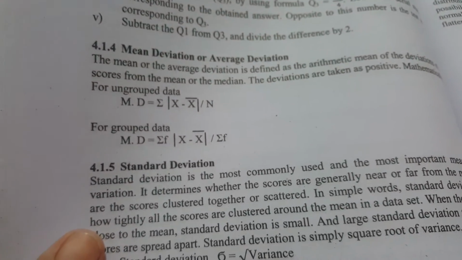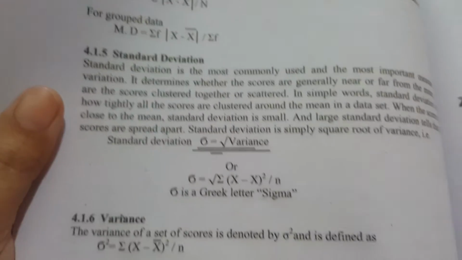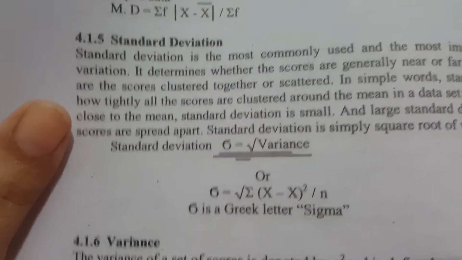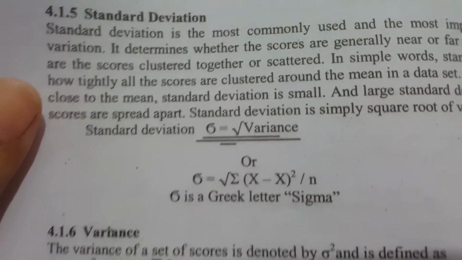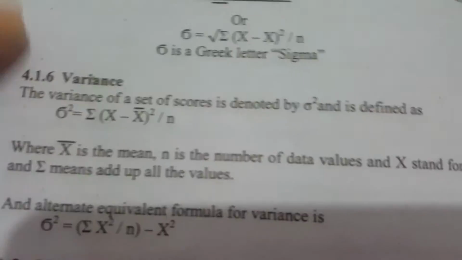Then we will go towards the other measures of dispersion, that are mean deviation or average deviation, and variance. Basically, standard deviation is the square root of variance, and variance has a formula like mean deviation. So first of all, we will go toward mean deviation.